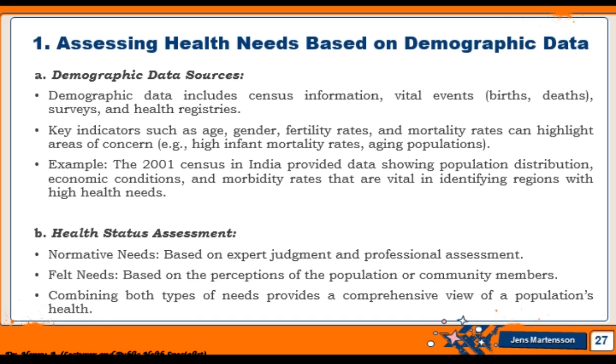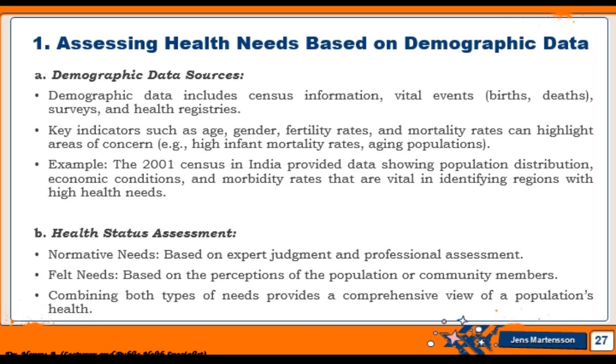So it will be easy to know that, okay, this is the particular challenge that this community or population suffers from. For example, high infant mortality rates may indicate the need for better prenatal care. It may indicate the need that, look, we need to step up on the level of prenatal care provided or vaccination services provided.